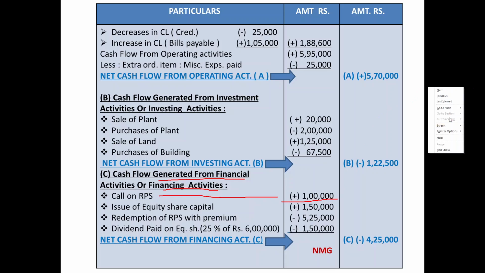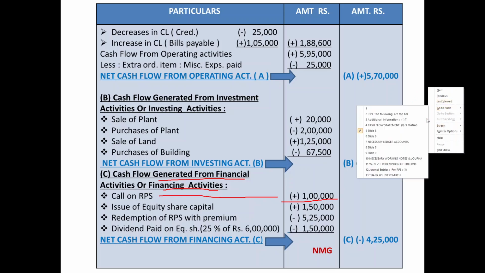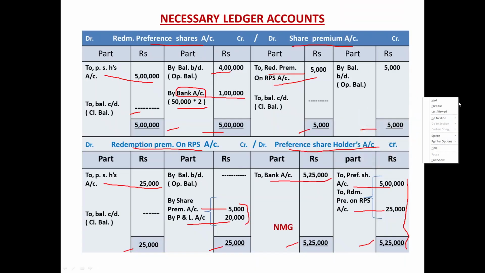Let us verify the next ledger account related with RPS redemption process. Share premium, security premium account is over. Redemption premium on RPS. There is a title profit and loss on the credit side. Rupees 20,000 redemption premium on RPS has been written off to the profit and loss account.